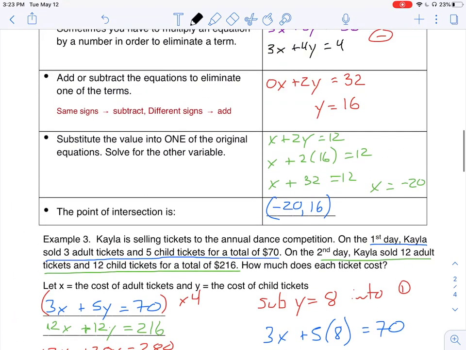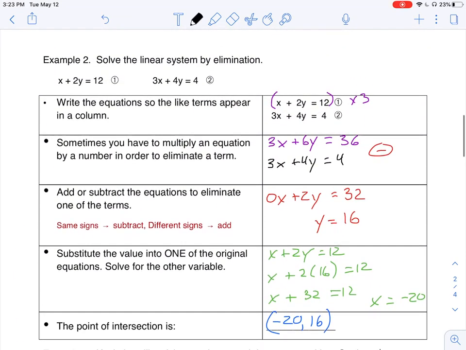So our big takeaways from this would be to make sure that the terms have the same coefficient value. If they don't, we need to manipulate that by multiplying each term by the same factor. Once we have that, then we can look at, okay, same signs, we subtract; different signs, we add them together to try to eliminate one variable so that we can easily solve for the other.